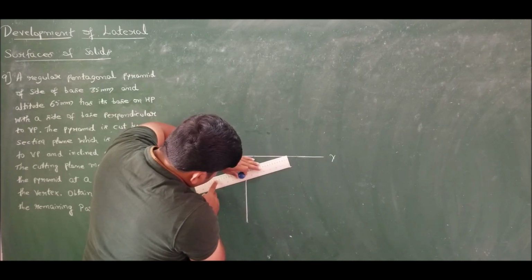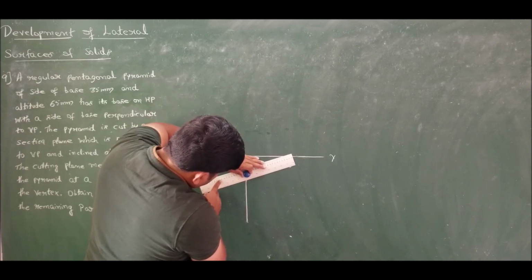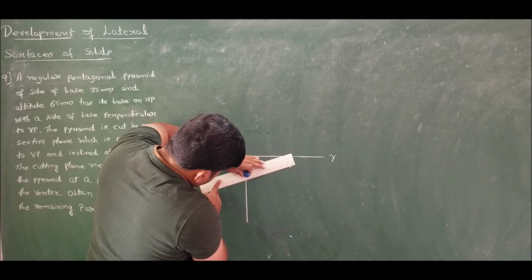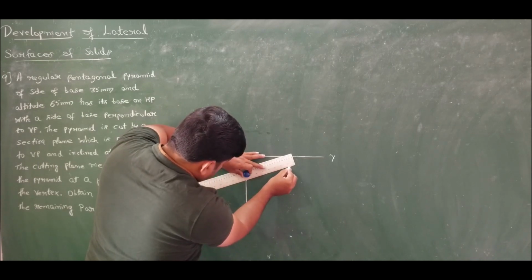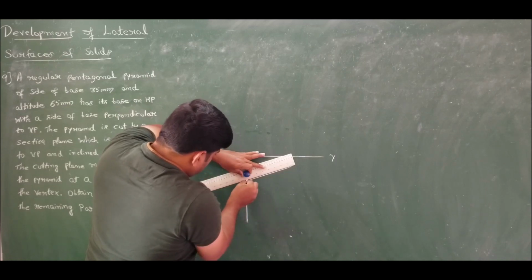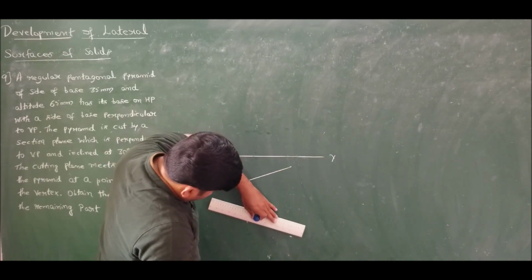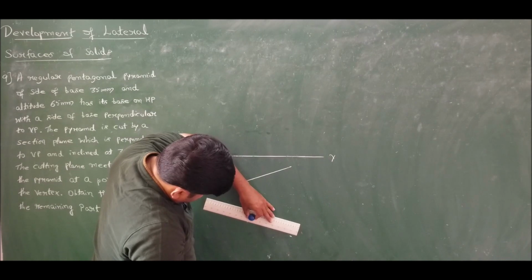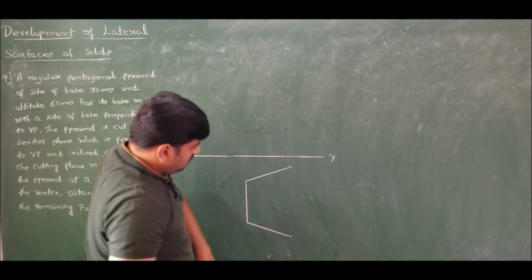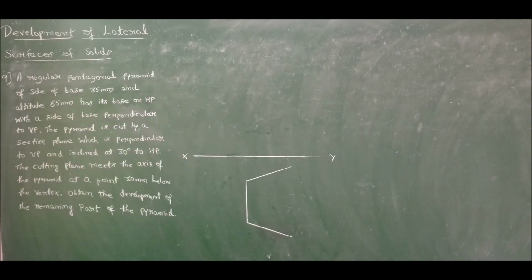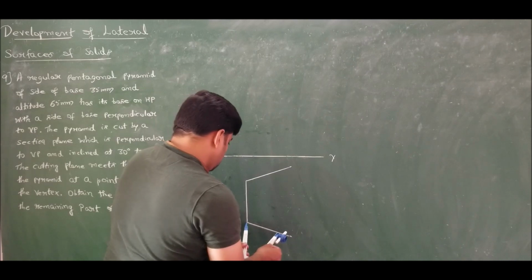The dimension given to us is 35 mm. Here also I should draw 35 mm. Drawn. Now use the compass, measure the same dimension and cut an arc.